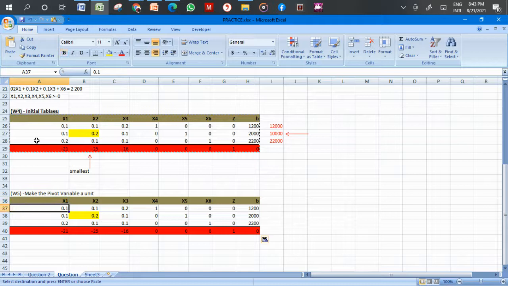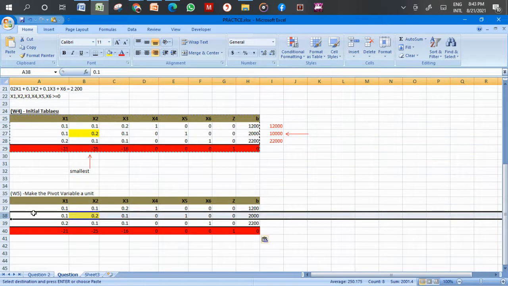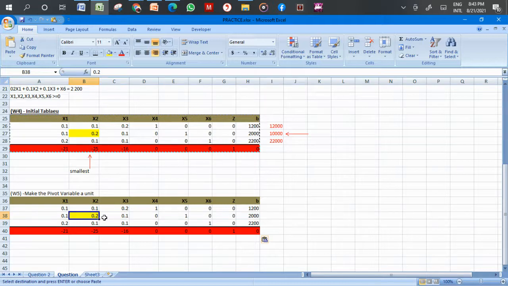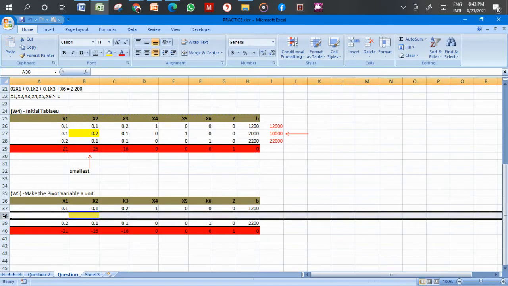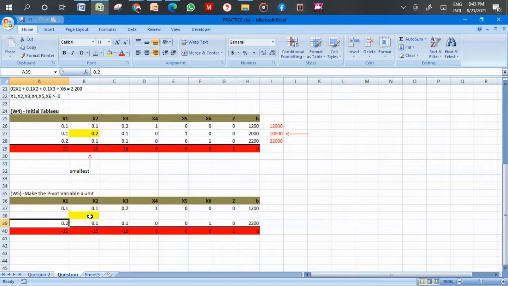So what we want to achieve here is, in this row with our pivot, we should make this 0.2 a unit. So what do we do? Let's erase everything there. Of course, we just have to divide 0.2 by 0.2. If we divide 0.2 by 0.2, that's how we make it a unit.